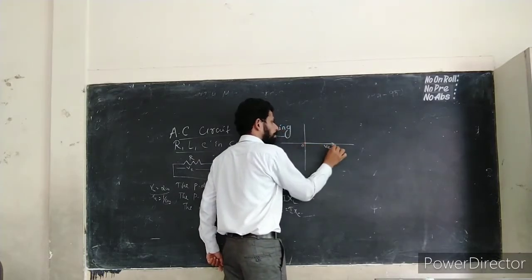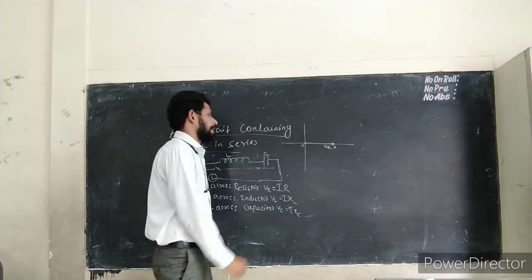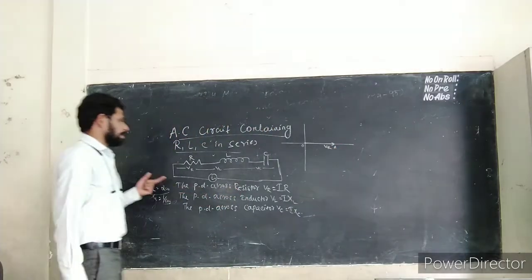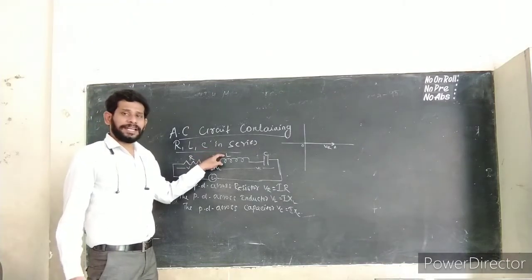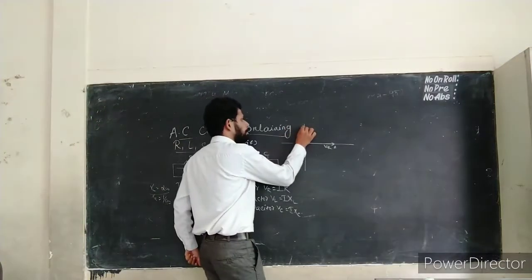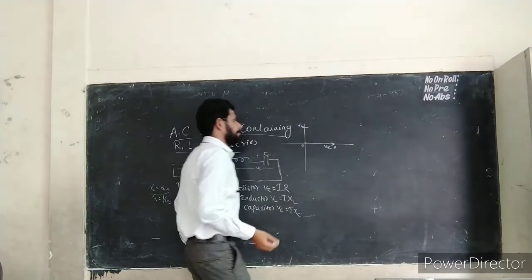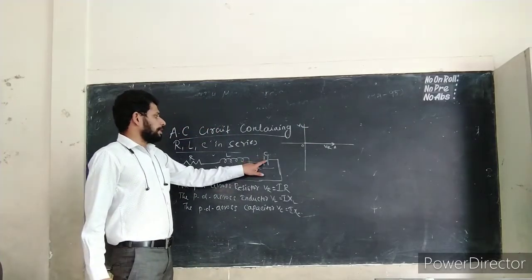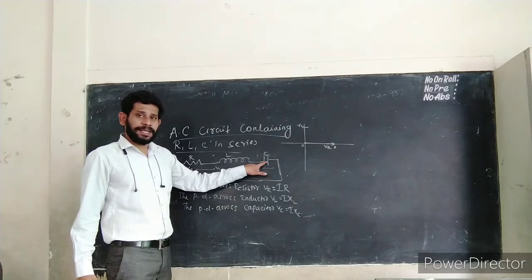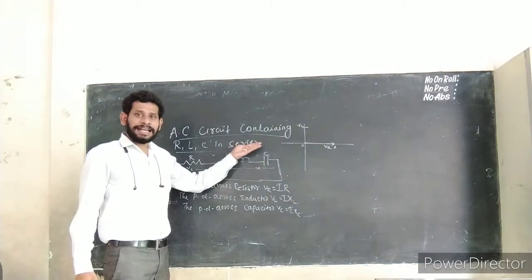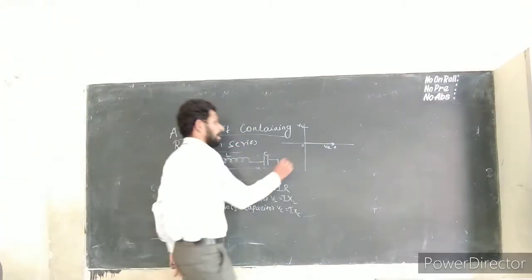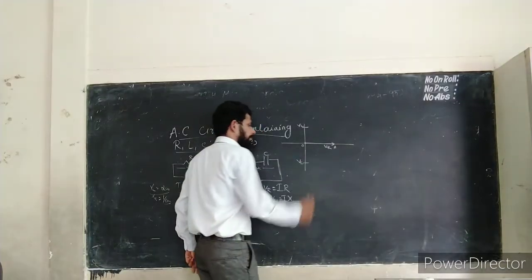Let the center be O and the end point A. The voltage leads the current in an inductor by the angle pi by 2. In the case of a capacitor, the voltage of the capacitor lags behind the current, so VC will be here.